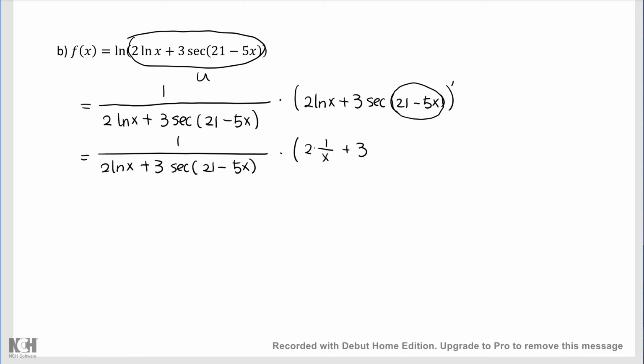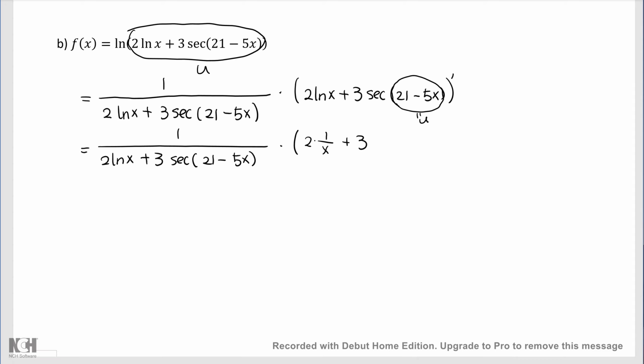After we get rid of the first layer, we look at what the second layer looks like. The second layer is still a chain rule. The derivative of secant u is secant u tangent u times u prime.